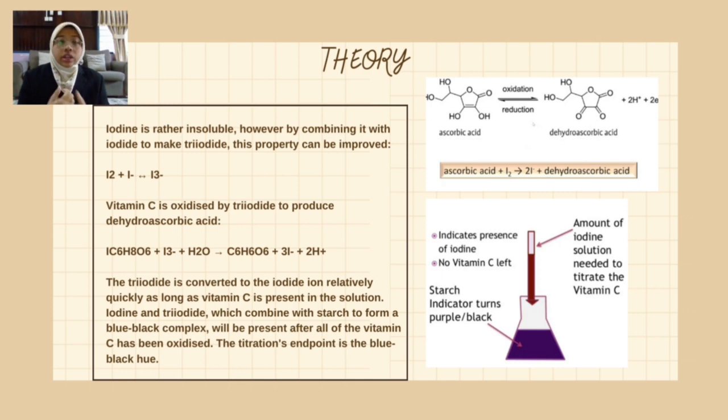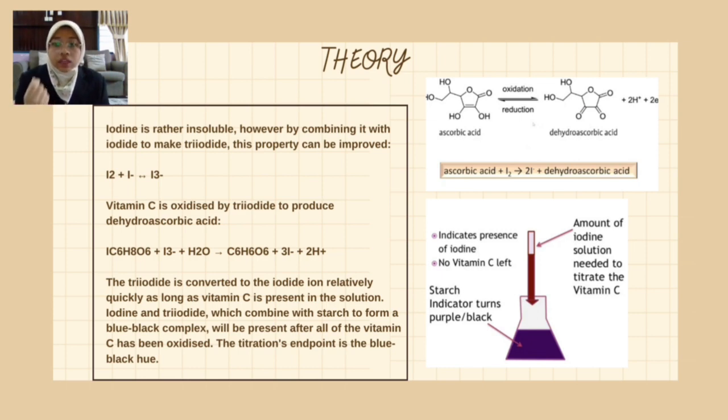But rather than an oxidation reaction alone, we can also combine the iodide and iodine to form the triiodide. And this triiodide will oxidize the vitamin C and turn it to dehydroascorbic acid. As long as this vitamin C is present in the food sample or solution, the triiodide will be converted quickly to the iodide ion.